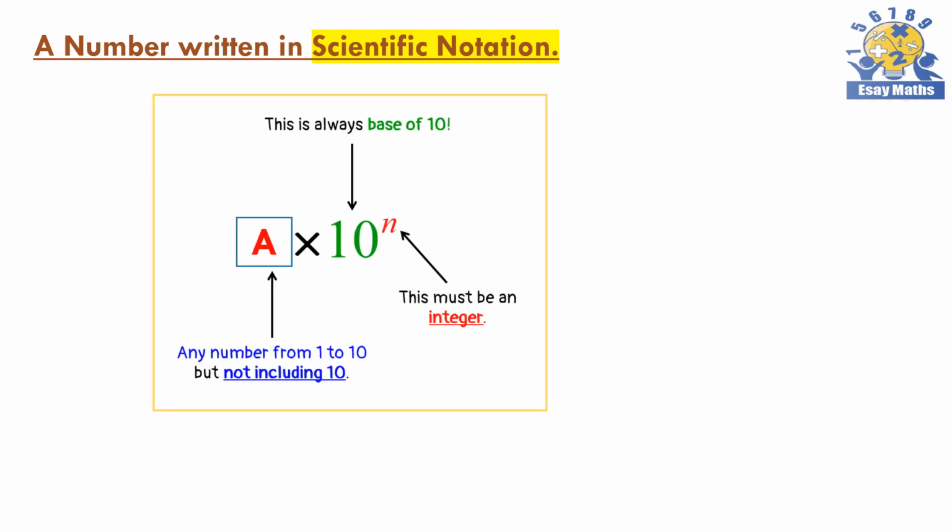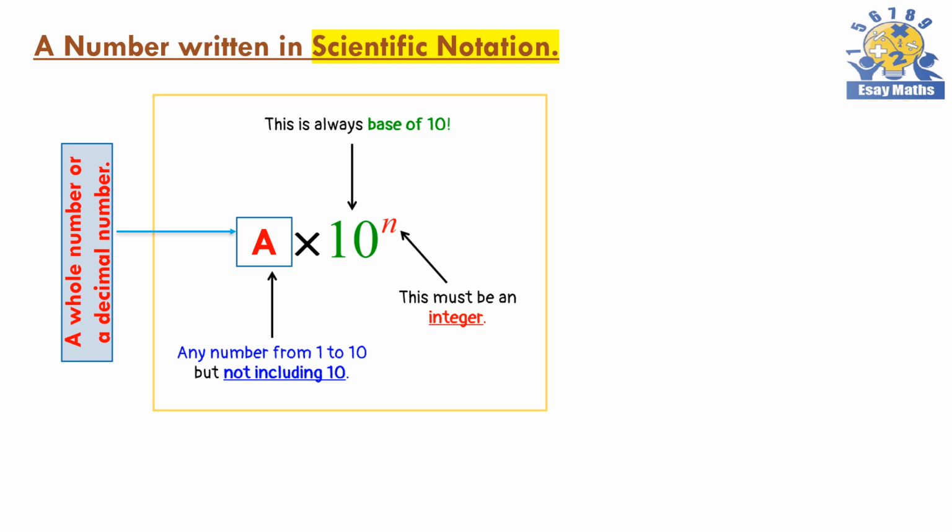The form of the scientific notation is a into 10 to the power n. In here, if a is a number between 1 and 10 or 1, n is an integer. And also, a should be a whole number or a decimal number.